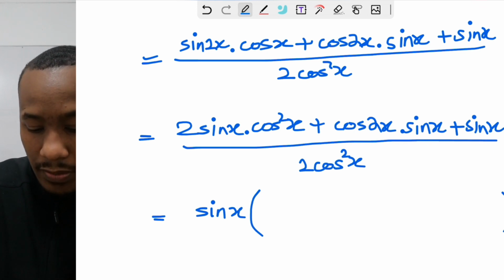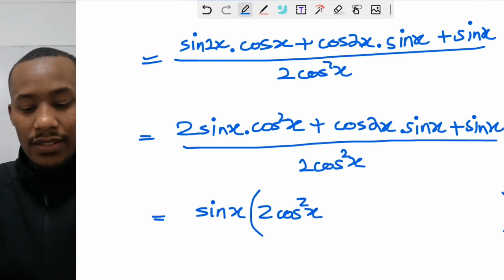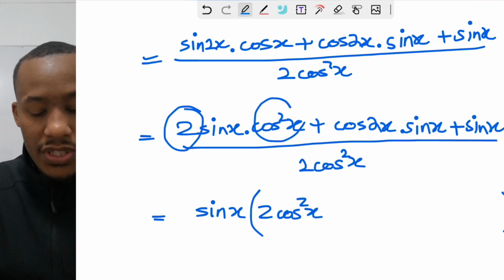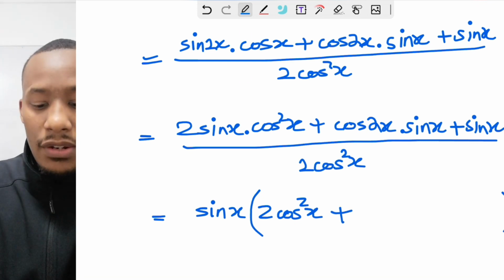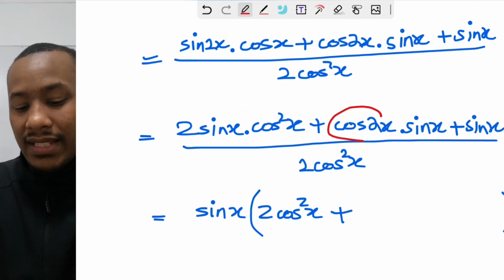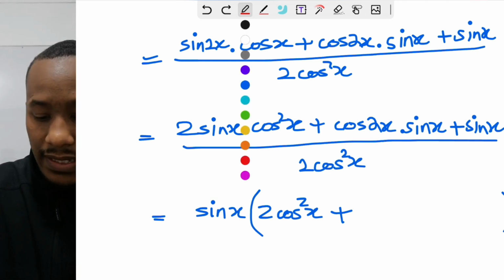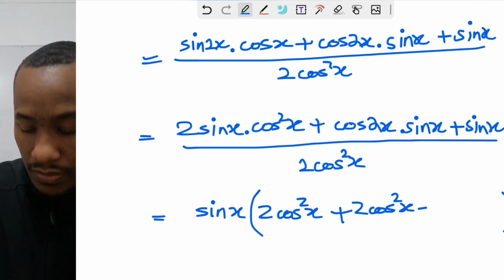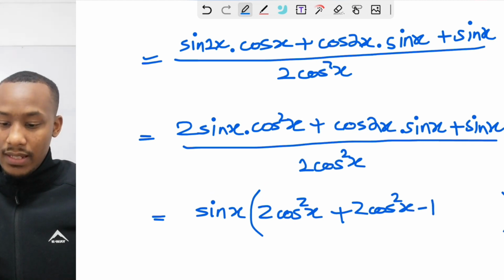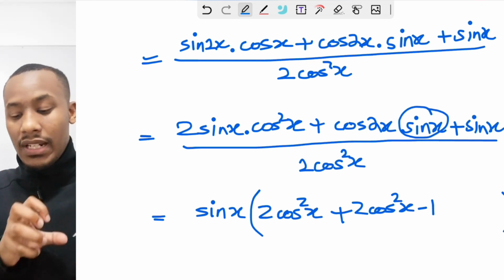And here you'll be left with 2 cos squared x, the 2 and the cos squared. Plus, now you know what? I'm going to use this identity again. For cos 2x, I'm going to rewrite that as 2 cos squared x minus 1. Remember, I removed this sine x because I took it out as a common factor.